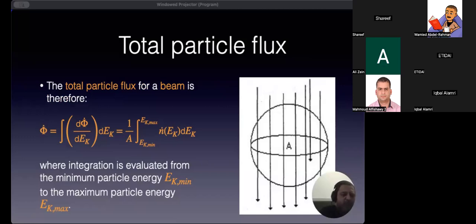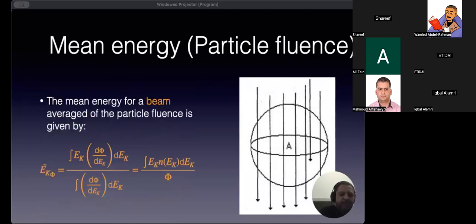We integrate over the flux density in order to get the total number of particles crossing that cross-sectional area. Now, using these two concepts, we can start to calculate the mean energy of the particles. So for the particle fluence, we're going to average the energy over the particle fluence.